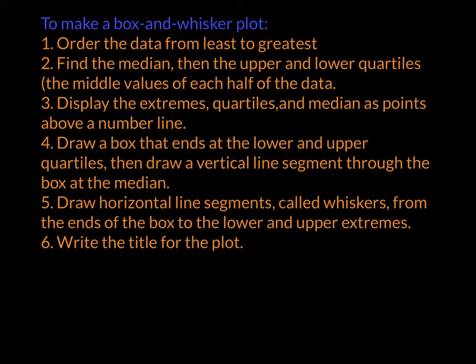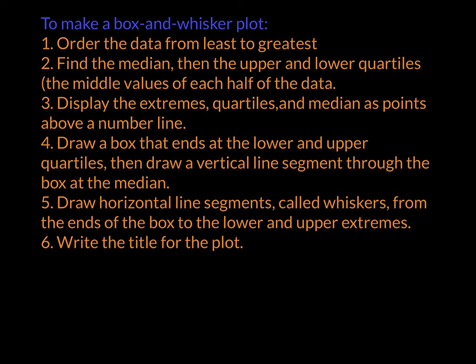So the first one is to order the data from least to greatest. Second, find the median, then the upper and lower quartiles, which are the middle values of each half of the data. Third, display the extremes, quartiles and medians as points above a number line.